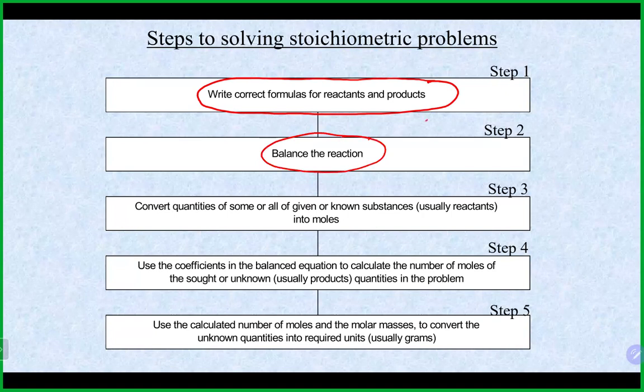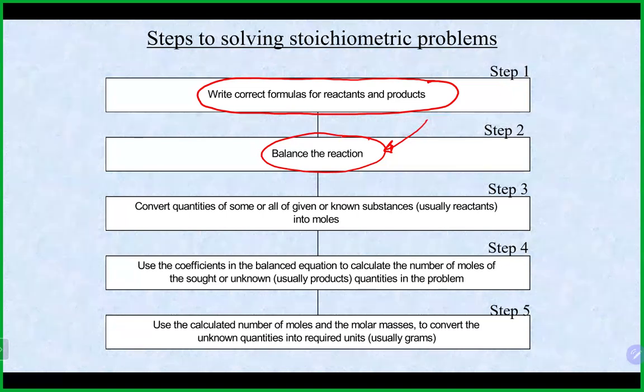In most cases, you probably will be starting your problems with an equation. You just need to make sure it's balanced. If you look at an equation and see coefficients, it's probably balanced, but you should check it. If it's given to you and you see no numbers in it, no coefficients, you should take a good look at it because it's probably not balanced. So make sure it always is balanced.